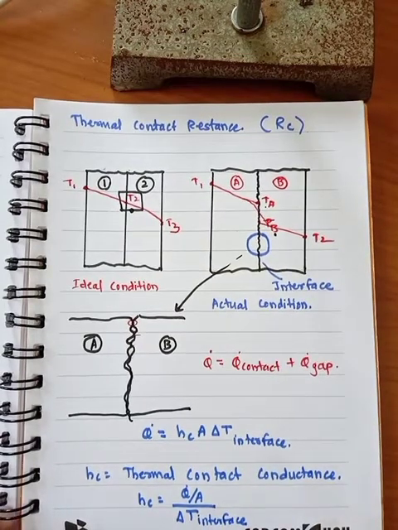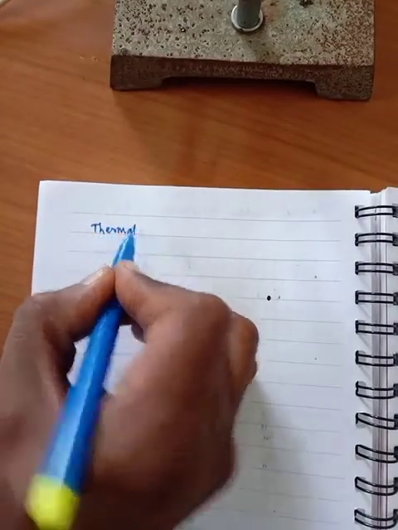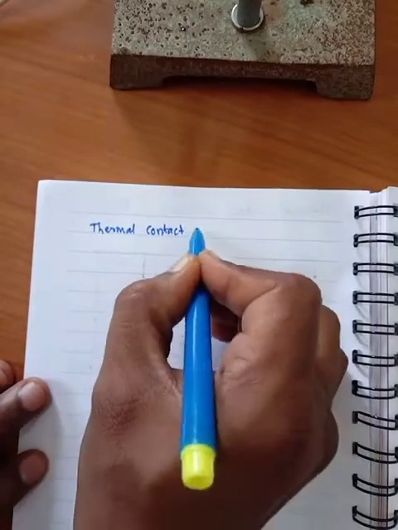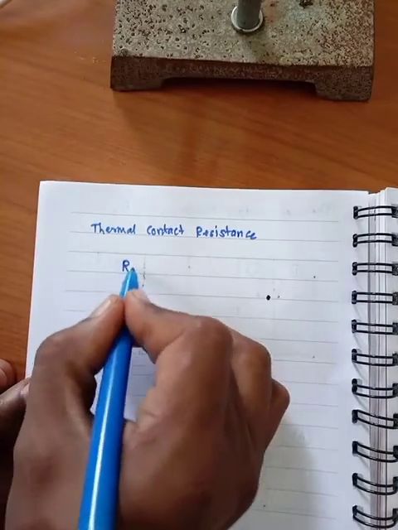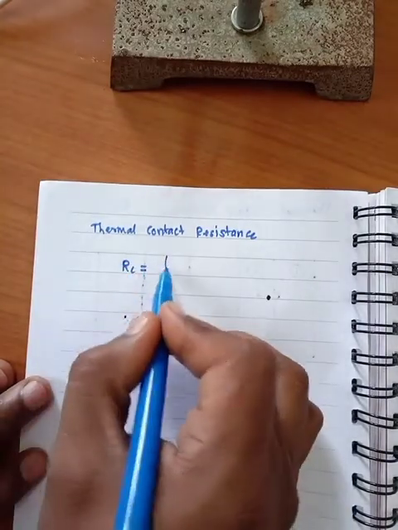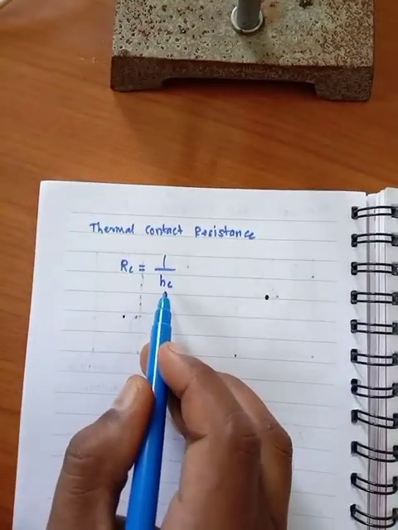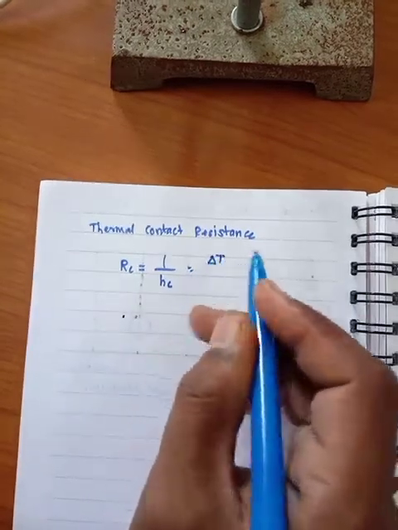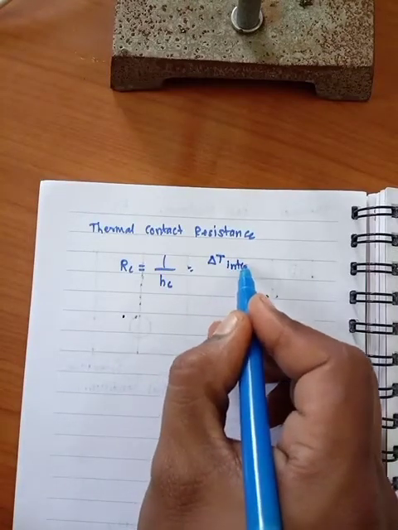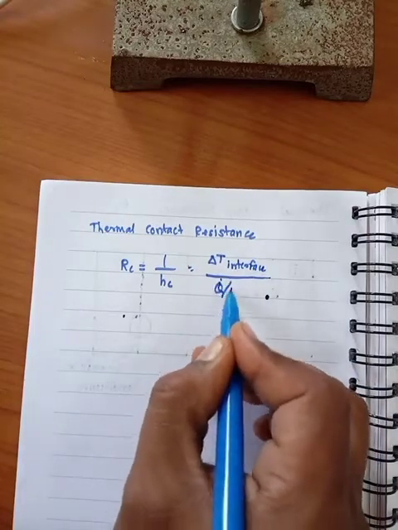Okay, so now the thermal contact resistance is found by using Rc is equal to 1 upon Hc. That means thermal contact resistance is the reciprocal of thermal contact conductance, and this is equal to delta T, that means the temperature difference at the interface, divided by the heat flux.